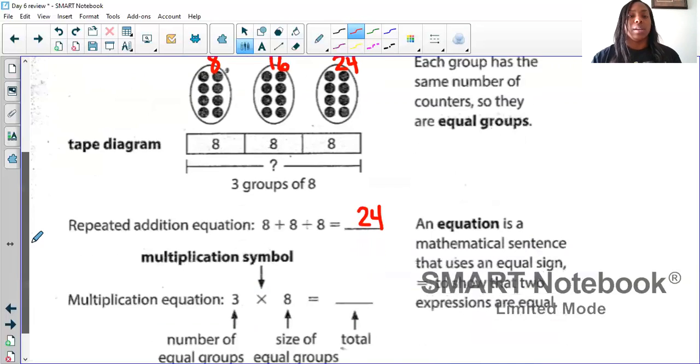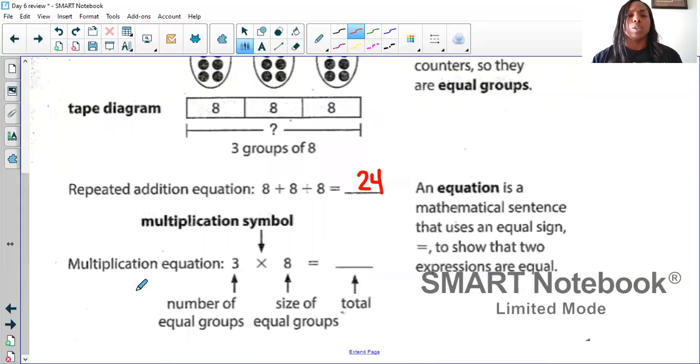Very good. Now, our multiplication equation is showing 3, which represents the number of equal groups, 8, which is the size that is inside of each group, so the number that's in each group, and then our answer. So when I do a multiplication problem, what is that called?